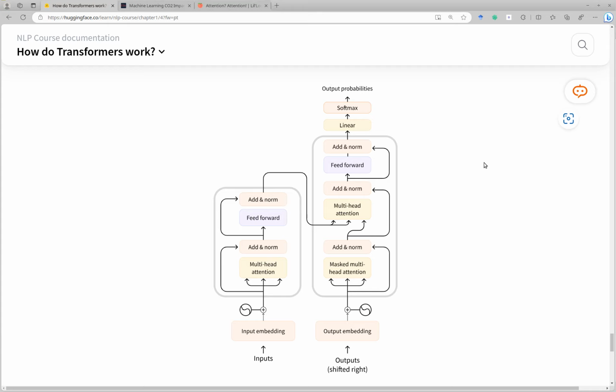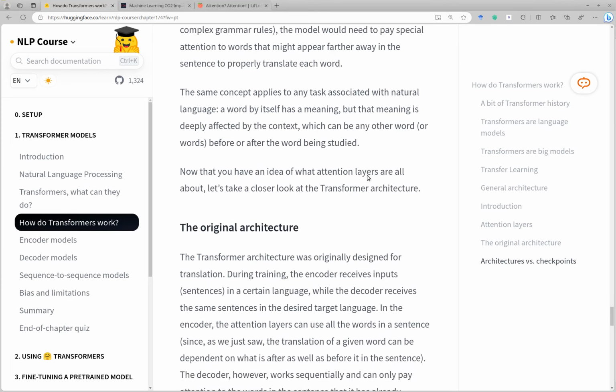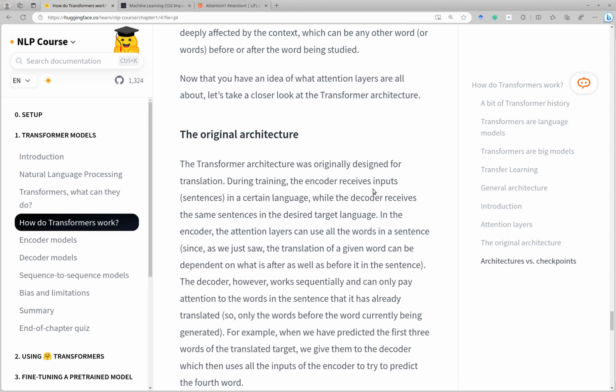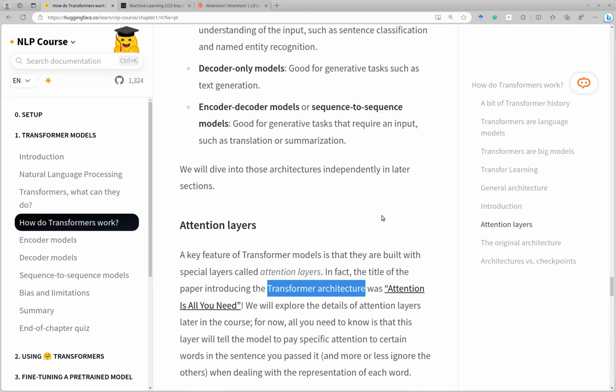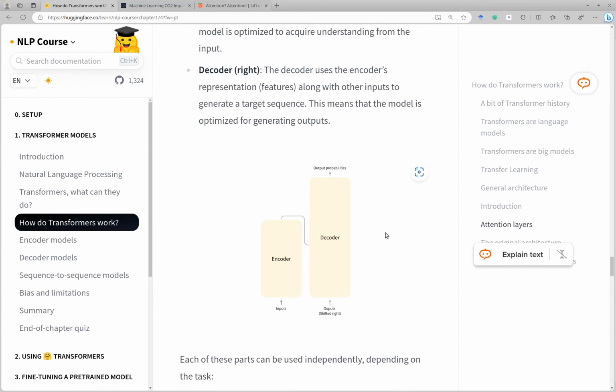Those tokens are passed back into the decoder and the next tokens are generated. In this way this whole architecture works. If you want to dig deeper into it, you can go through the paper of the transformer and get detailed knowledge about it.